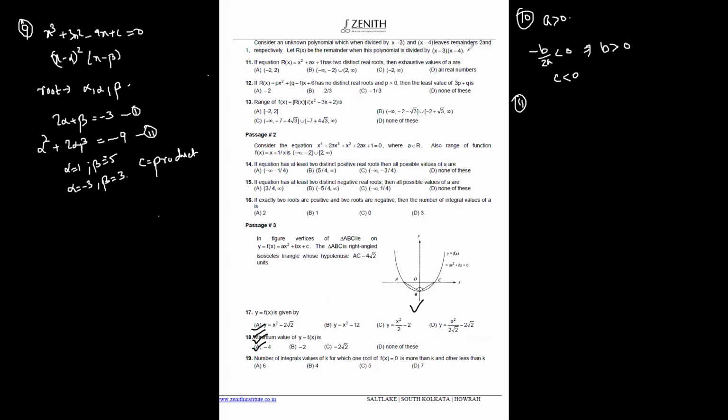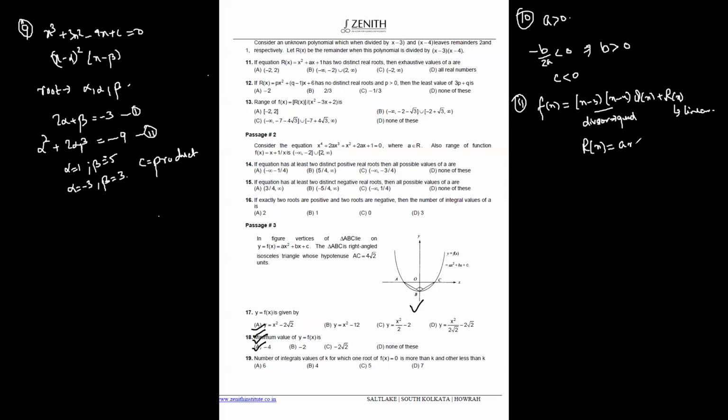Consider the unknown polynomial which, when divided by this, leaves this remainder. So this is a remainder theorem question. We'll take f(x) as (x minus 3)(x minus 4) times some q(x) plus r(x), the standard formula for the remainder theorem. Since the divisor is a quadratic, what must happen to the remainder?